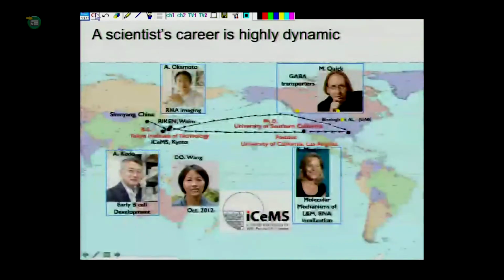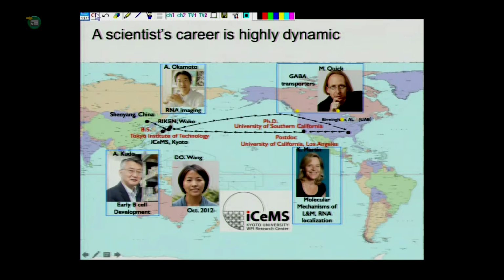For this research that I have done, I started from Dr. Akira Kudo's lab at Tokyo Tech, and moved to the U.S. First I started out in Birmingham, Alabama, to study the GABA transporters. GABA is one of the neurotransmitters. So I was studying the chemistry of GABA in the brain with Dr. Michael Quick, and then moved across the U.S. to UCLA in Kelsey Martin's lab.